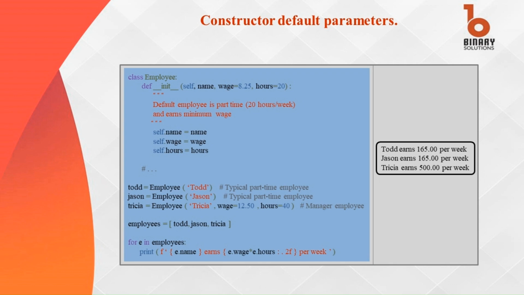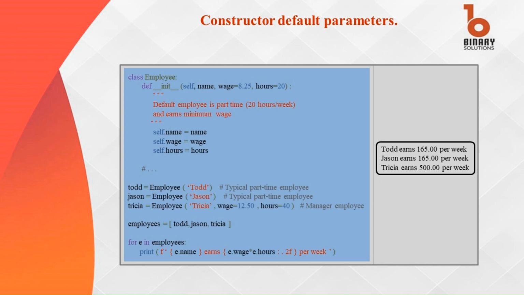The program creates three employee instances: Todd and Jason, who use the default parameters, and Trisha, whose wage and hours are explicitly set to $12.50 per hour and 40 hours per week, respectively. The list employees stores these instances, and a loop calculates and prints each employee's weekly earnings.